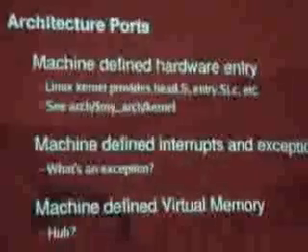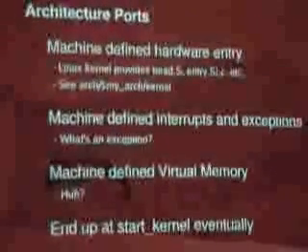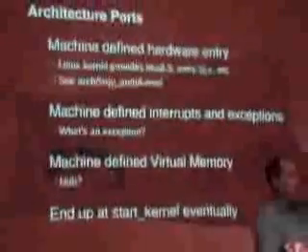Okay, so machine-defined hardware entry. I'm going to get hold of this chip from IBM. It's a PowerPC processor made by IBM, and they're going to give me a data sheet. It's a huge piece. Data sheets are not single pieces of paper; they're 1,000 pieces of paper, roughly described as a sheet.